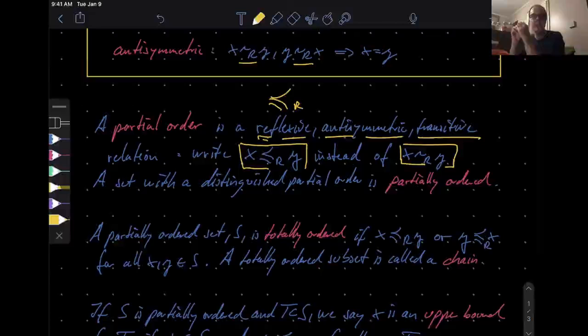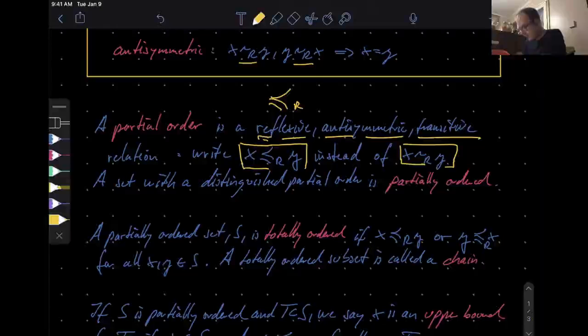So for instance, you can think about sets, and you can think about a partial order defined by set inclusion, right? And then of course it can be that A is contained in B or the other way around, but these sets, they could be completely disjoint from one another, right? So it's in general not the case that in a partially ordered set, 2 elements are related to one another. That's not the case.